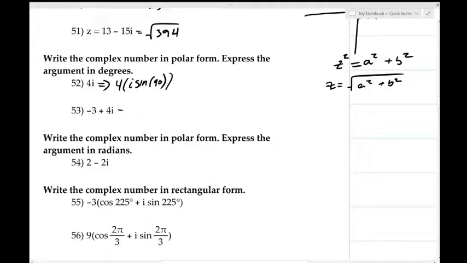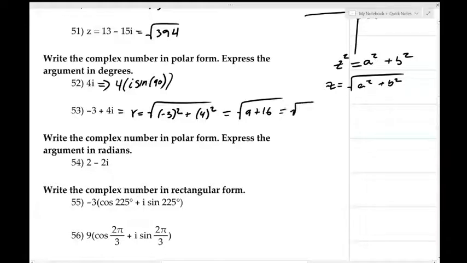Okay, next, let's figure out this one. It has both components, the a and the b portion of it. So let's figure out the radius, and the radius is going to be the 3 value squared plus the 4 value squared, right? So we have 9 plus 16, which is 25, and the square root of 25 is 5.